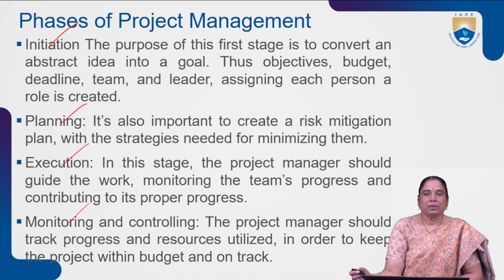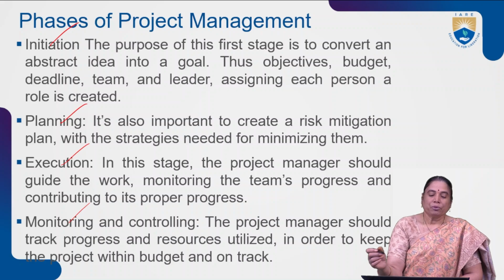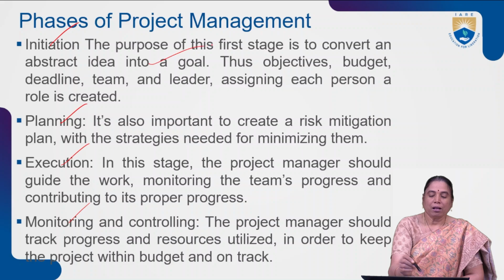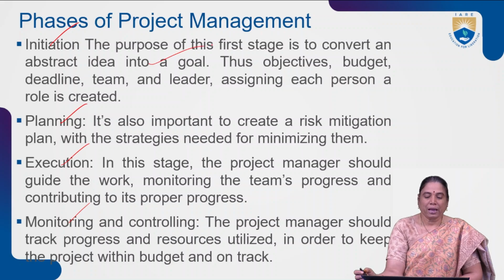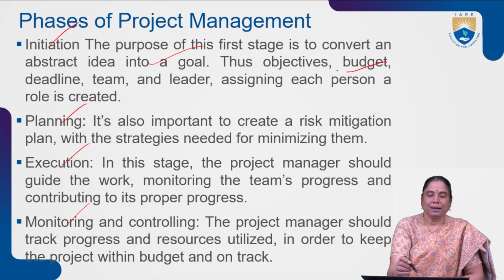Initiation is the first phase of project management. Here the abstract idea or the goal of the project must be identified. Thus the objectives, budget, deadline, team and leader, assigning each person to a role, must be created.